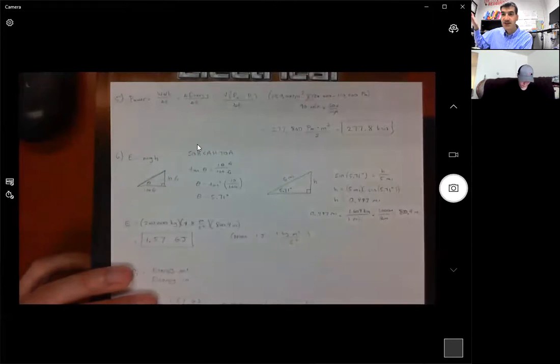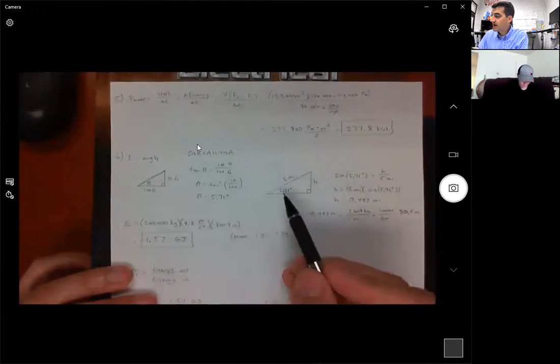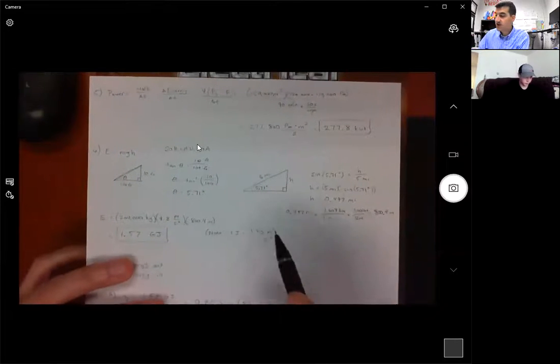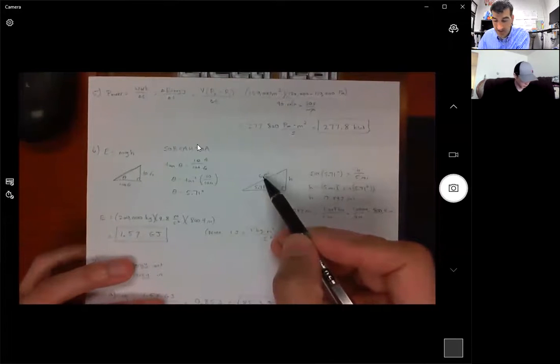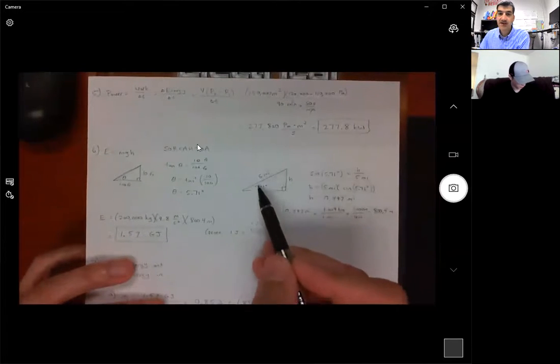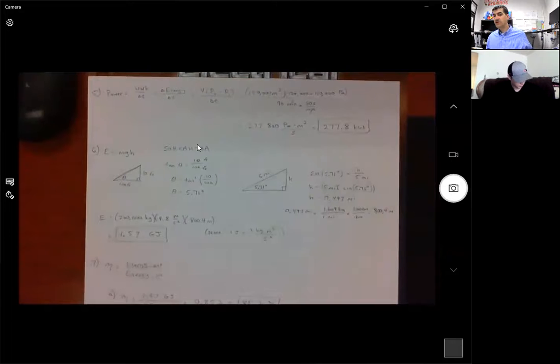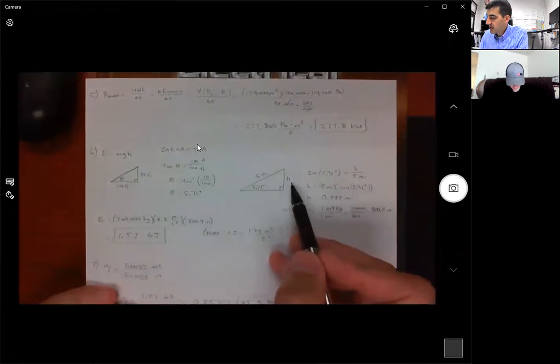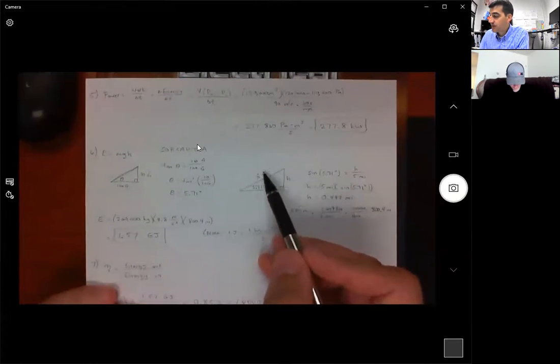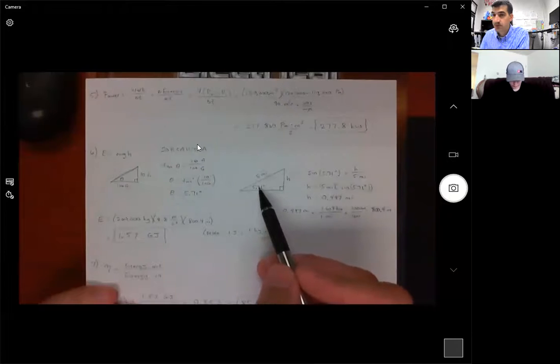This is the angle of the incline. So I can use that over here in this triangle. I know the hypotenuse of the triangle is 5 miles because the problem told me that. And I know the angle now is 5.71 degrees. So now I can use a little more trigonometry to find H. I know the hypotenuse, and I know the angle.